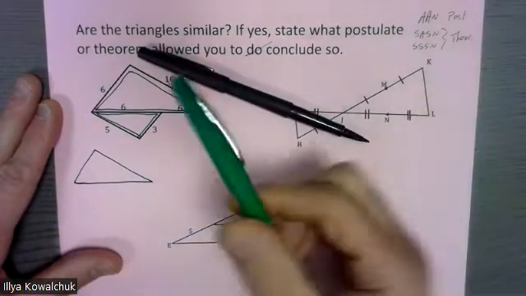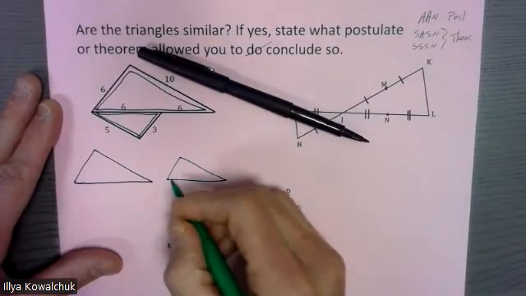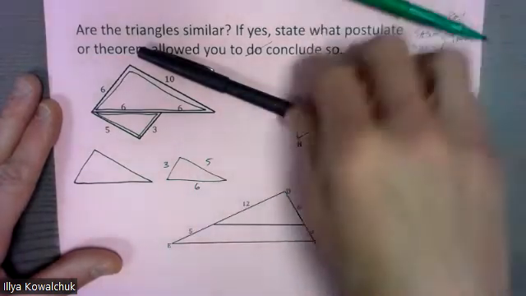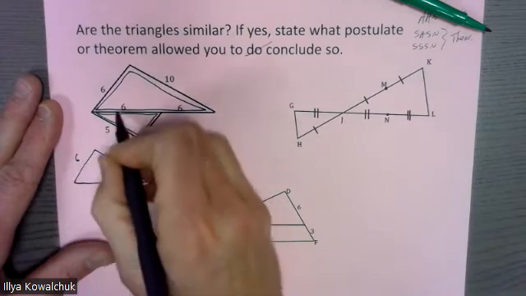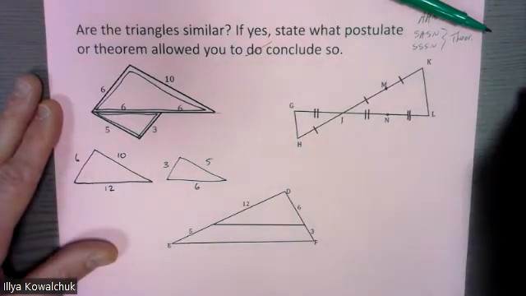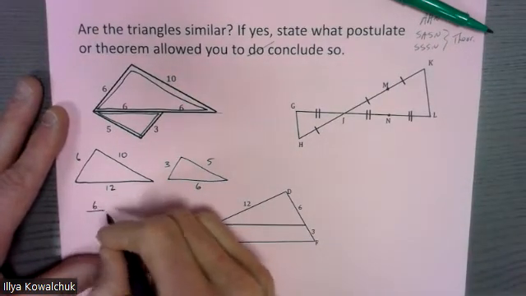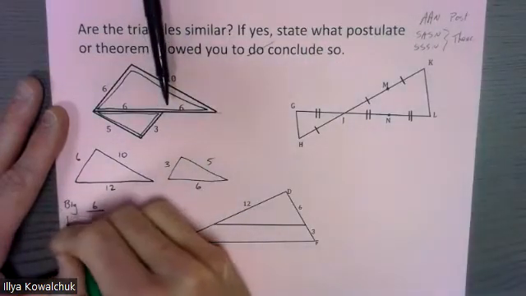So they're oriented the same way. Okay, so I've got 3, 5, and 6. And then I also have 6, 10, and then 6 plus 6 is going to give me 12. So now what I need to do is say I've got 6, and so I'm going to do big to little.